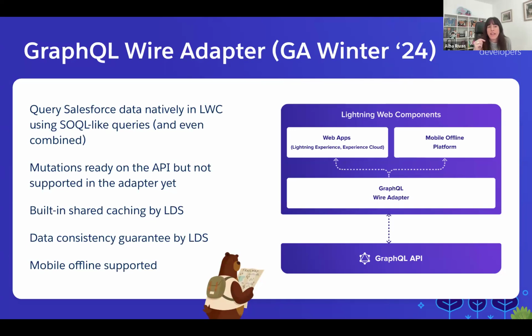And then if at a later moment you try to retrieve the same record with the GraphQL wire adapter, the record may still be in the cache and may be retrieved from there. So it's very, very efficient. And also it's been designed with the mobile offline use case in mind. This is because it works with the Lightning Data Service cache. When you are working on mobile offline use cases and you lose network connectivity, if your records are in the cache, you are still going to be able to continue working with them.